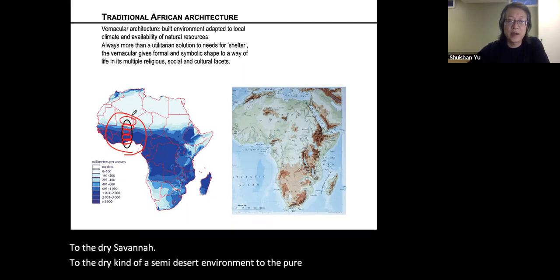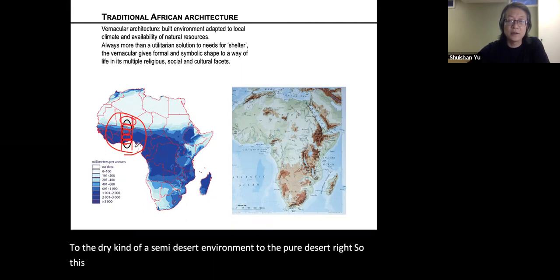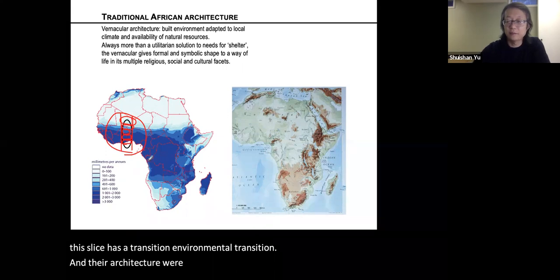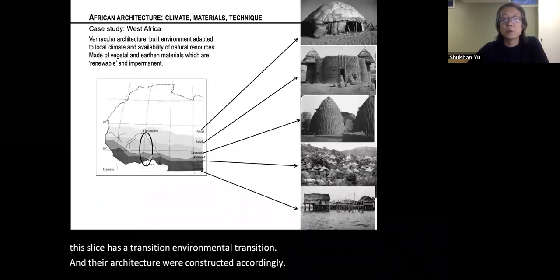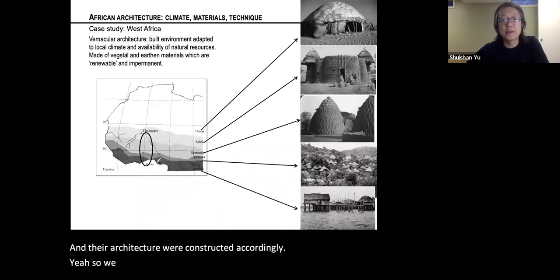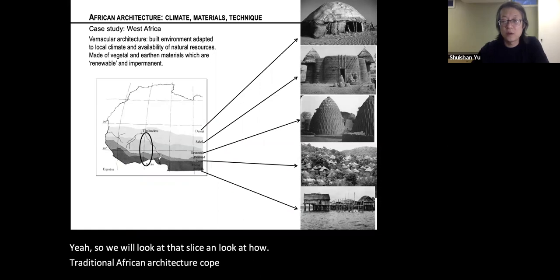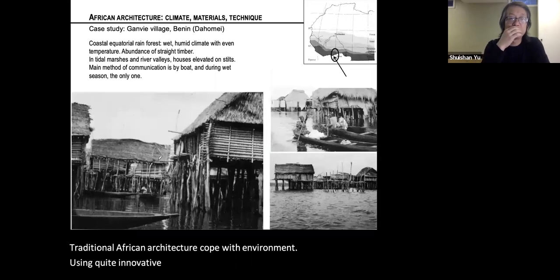So this slice has an environmental transition, and their architecture was constructed accordingly. So we will look at that slice and at how traditional African architecture copes with the environment using quite innovative methods and construction.